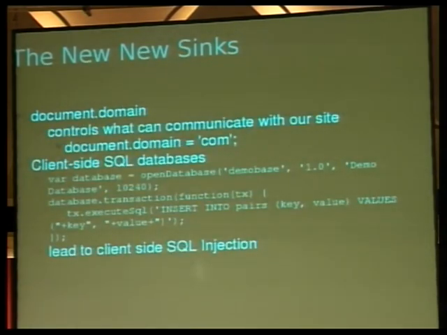Of course, there are other sensitive objects inside the JavaScript, such as document.domain, which controls how strictly the same origin policy is applied. Browsers are building things such as client-side SQL databases into the browser. I think this is only supported so far by Safari, Chrome, and Google Gears, but it's in the HTML standard.